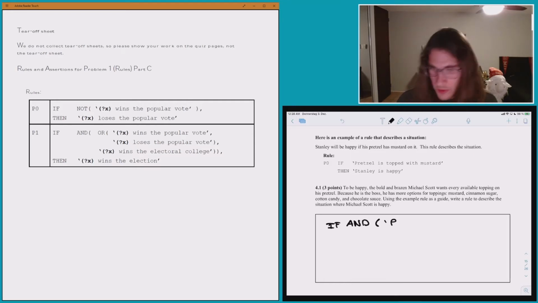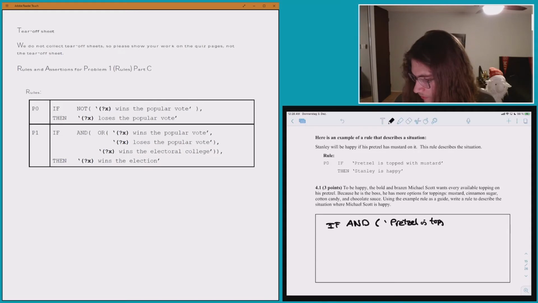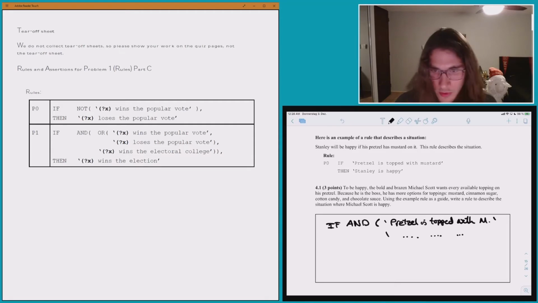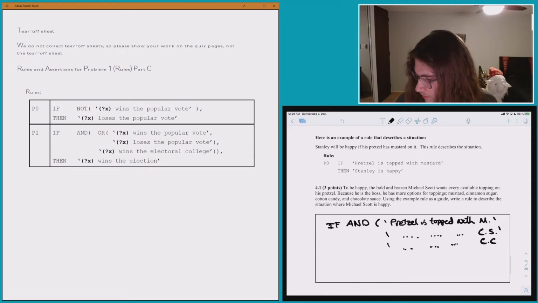I'm going to abbreviate because it's a lot of text. Pretzel, I'll write the first one, is topped with mustard, M, and then same thing, except it's topped with cinnamon sugar, same thing, topped with cotton candy, same thing, topped with chocolate sauce.